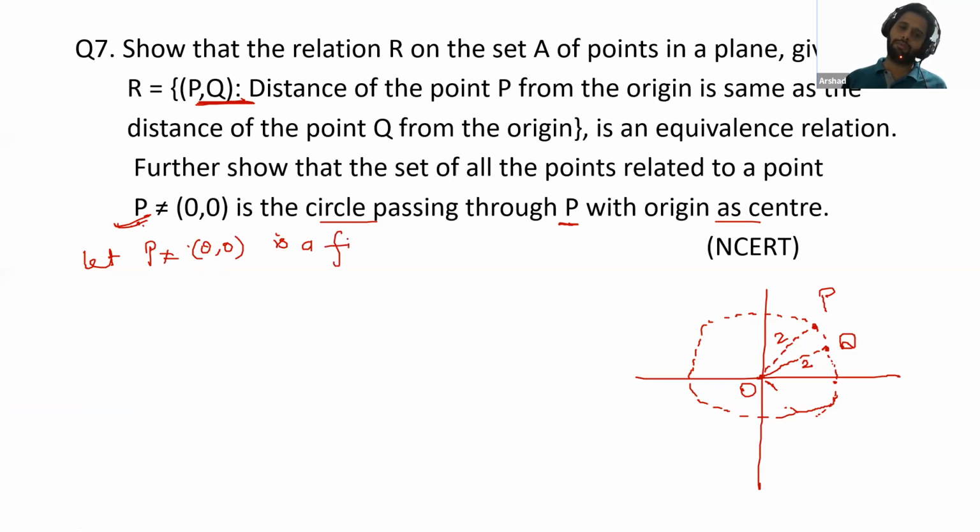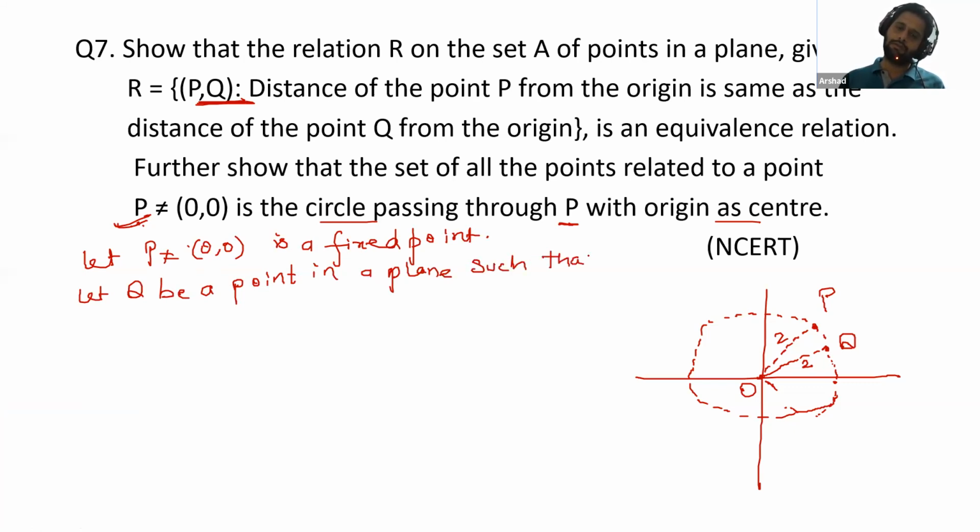We have fixed this point P. Let Q be a point in a plane such that PQ belongs to R. We have assumed a point in the plane such that PQ belongs to R. So what does this mean?